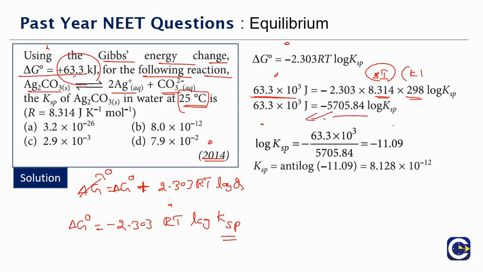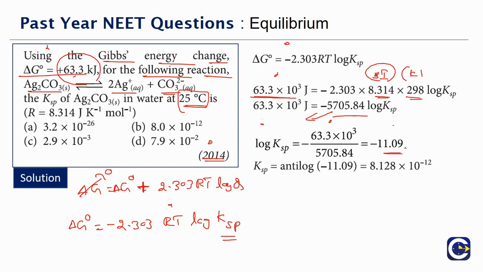We just bring this to the other side, it will go to the denominator. So log KSP will be minus 63.3 into 10 power 3 divided by 5705, which is approximately minus 11.09.